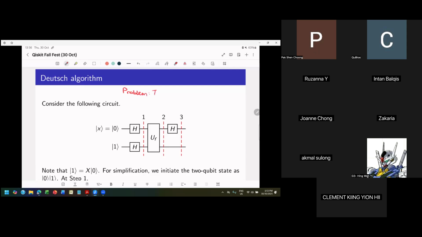There is an unknown function, and you need to decide whether f is constant or balanced. That is the problem we are trying to solve. We have seen that for the classical way to identify it, you need to call the function two times. Now this is the quantum way of doing it. You only need to call it one time.